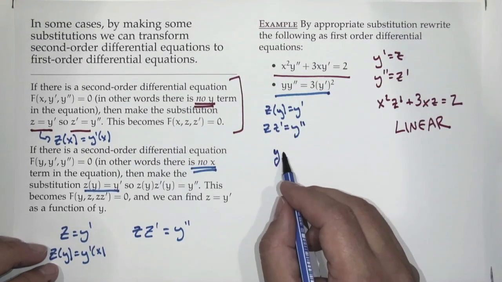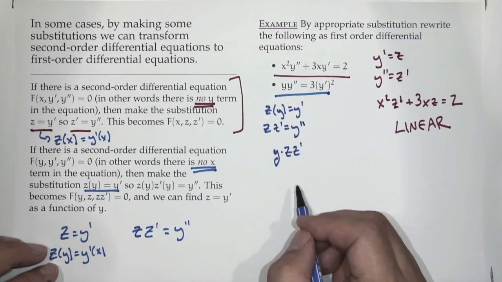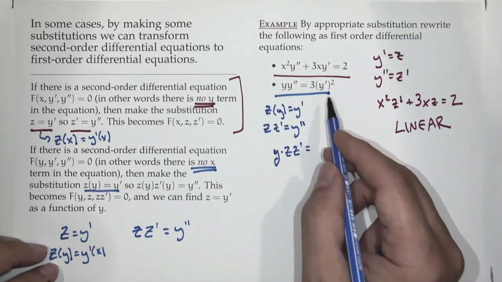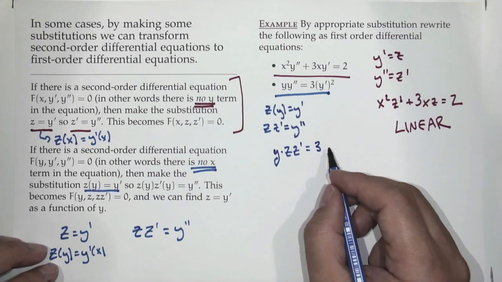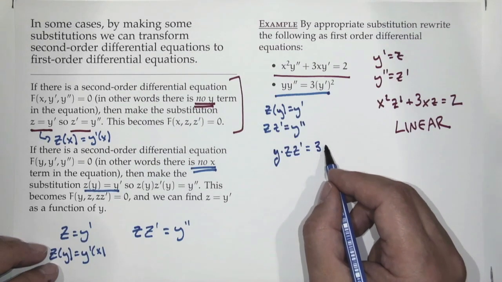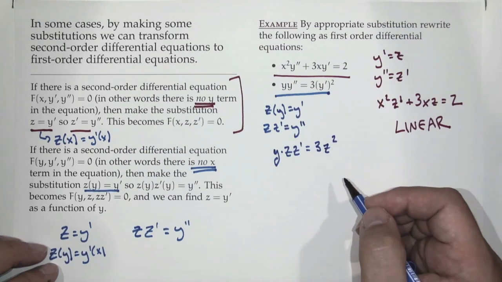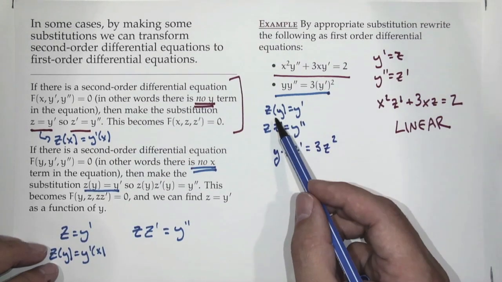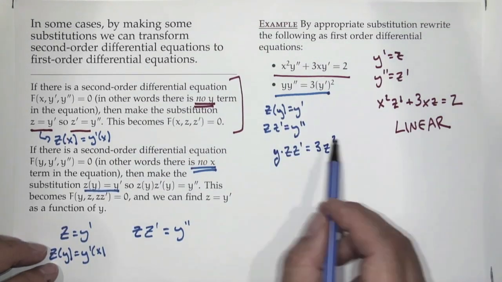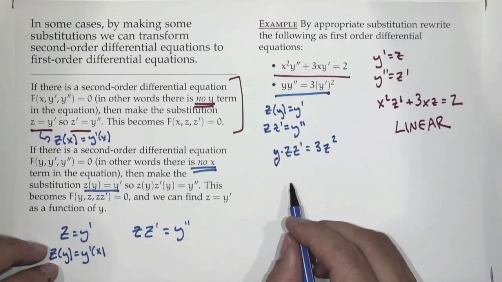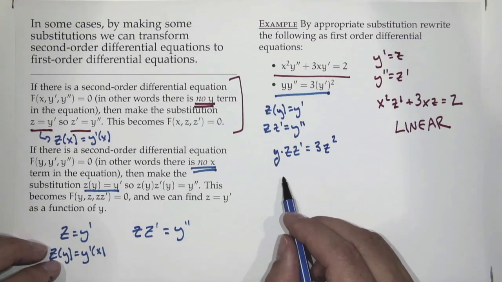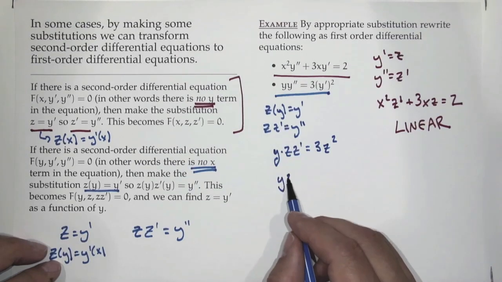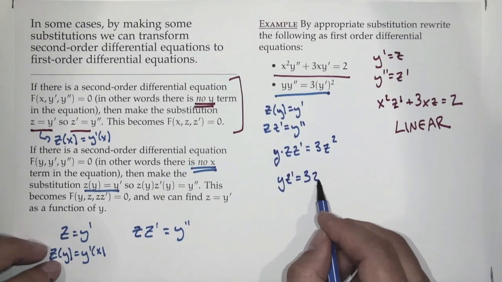Y double prime becomes z, z prime, equals, over here, 3 y prime squared, which is 3 z squared, because y prime is z. Now, what would you do to solve this one? Divide by z. Okay, so you get y z prime equals 3z.